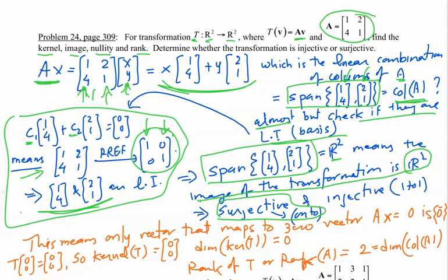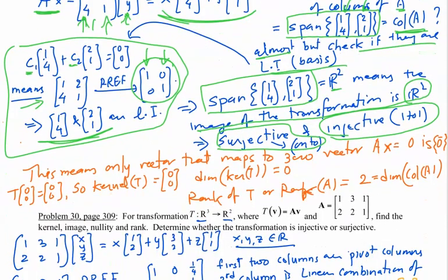And this is also injective, though it's not clear yet, but I'm going to show you in a second. AX equal to 0 is only possible if your X is the 0 vector.